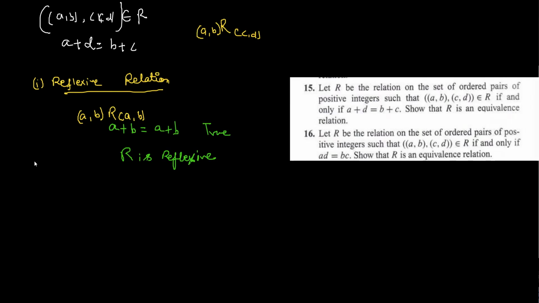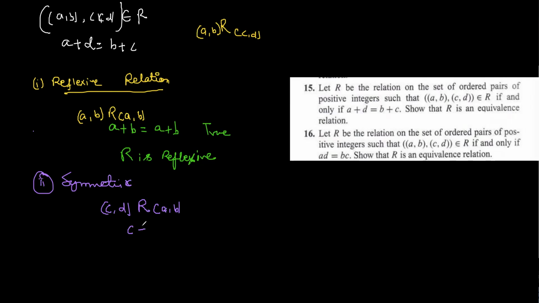The second property is symmetric. For symmetric, C comma D must belong to A comma B, right?